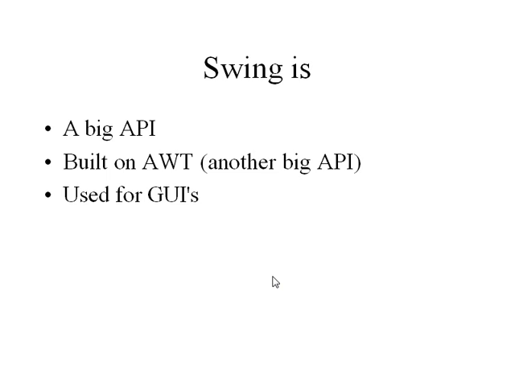So swing has a much richer set of features than the standard AWT. The other thing is, in order to obtain uniformity of the AWT from the programmer's point of view, you need what are called peer methods.